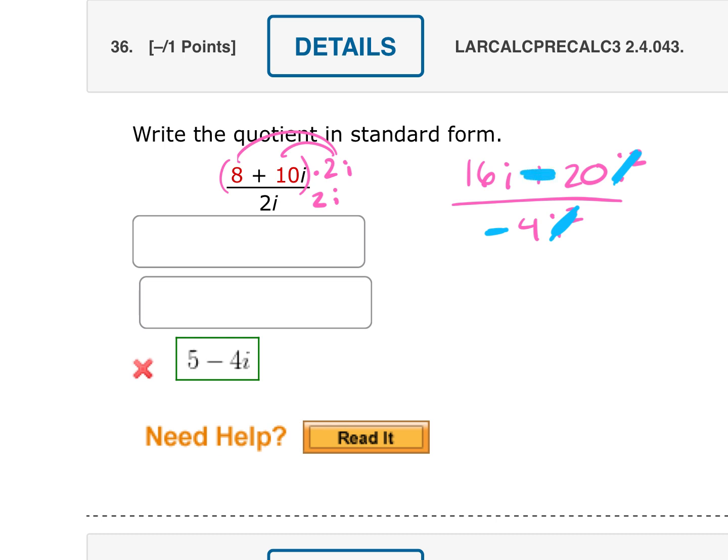So we can simplify it and split it up, or just divide them all by negative 4 if you wanted to. Everything divides by negative 4. So 16 divided by negative 4 would be negative 4i, and then negative 20 divided by negative 4 would be plus 5. In standard form, the real part has to come first, so 5 minus 4i.